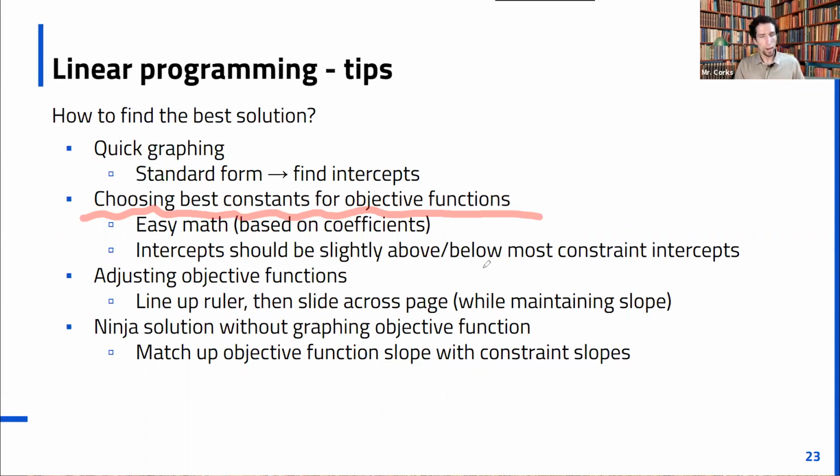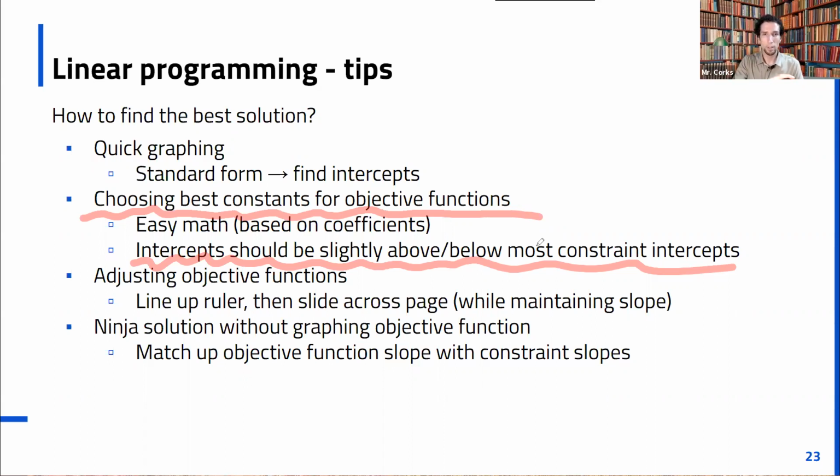Before you even graph, you know if you have a good constant if your intercepts are a little above or a little below the middle point of the constraint intercepts. If it's a maximization problem, they should be a little above because you want a line that's a little above your feasible region.